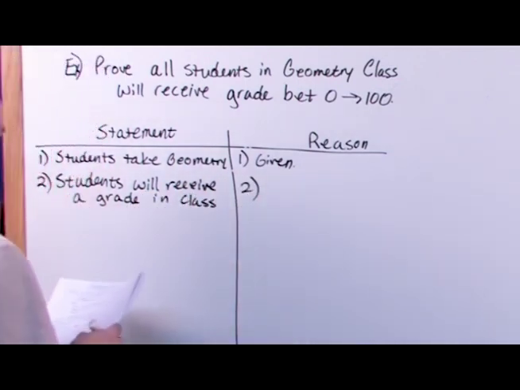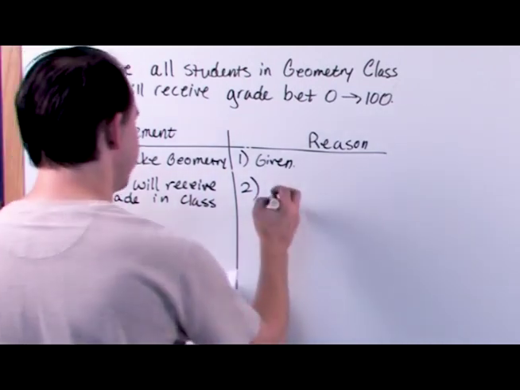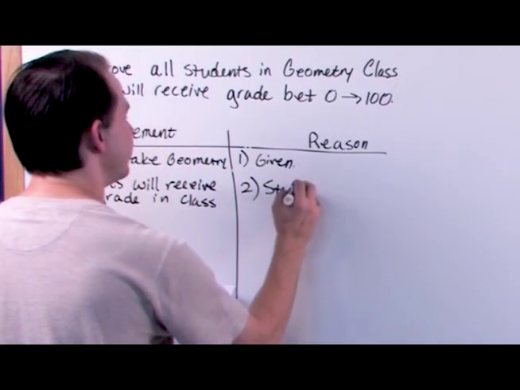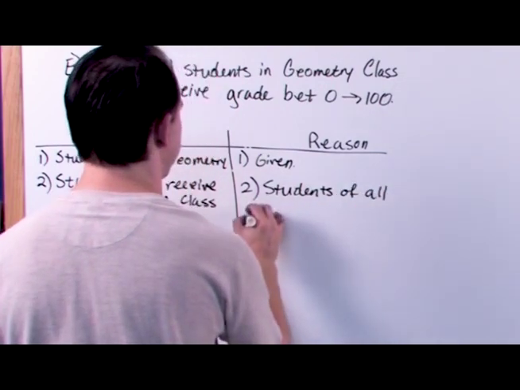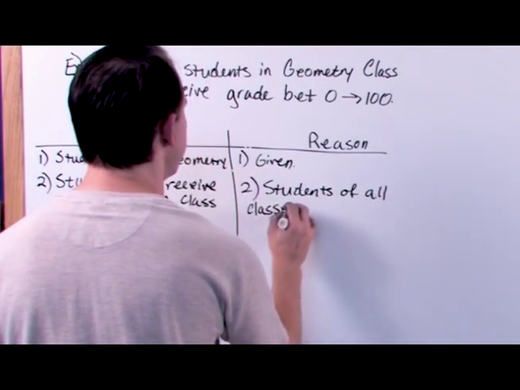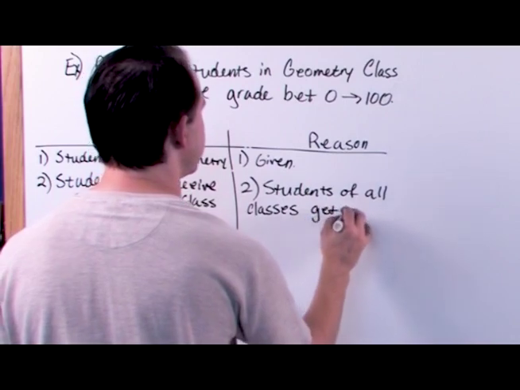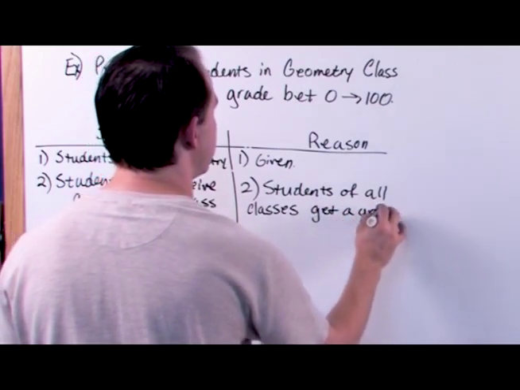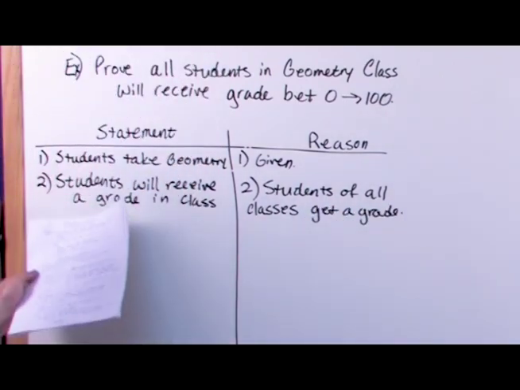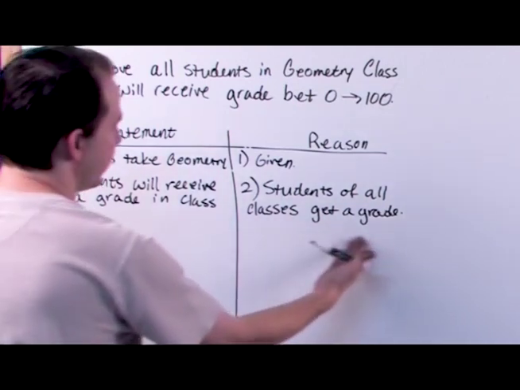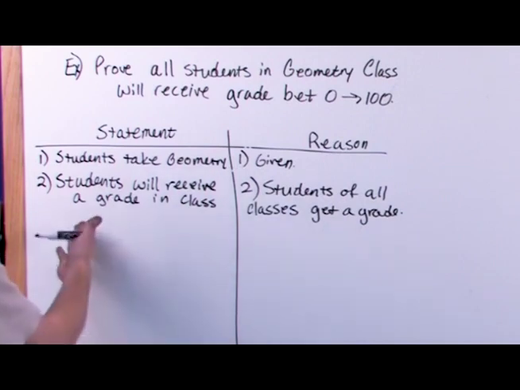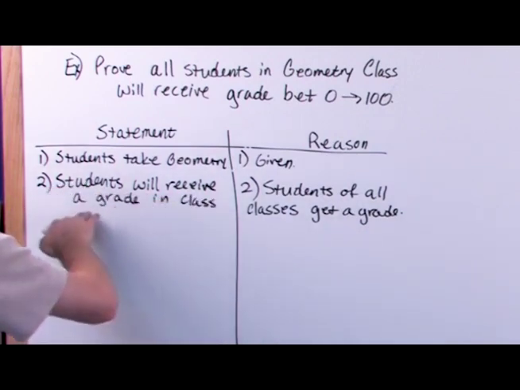Okay, and the reason is that students of all classes get a grade. See, you're breaking this down into these sort of absurd little statements of truth. Well, yeah, students get a grade. Okay, thank you very much. And the students will receive a grade in class.